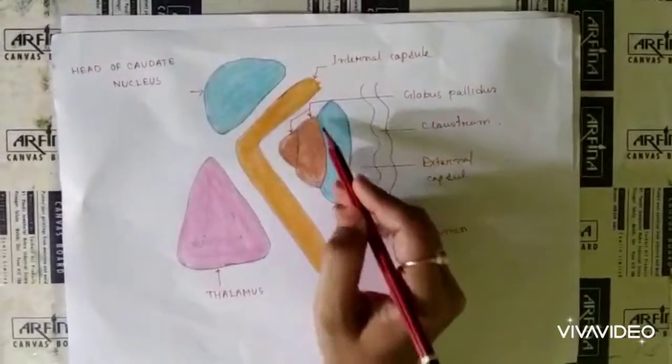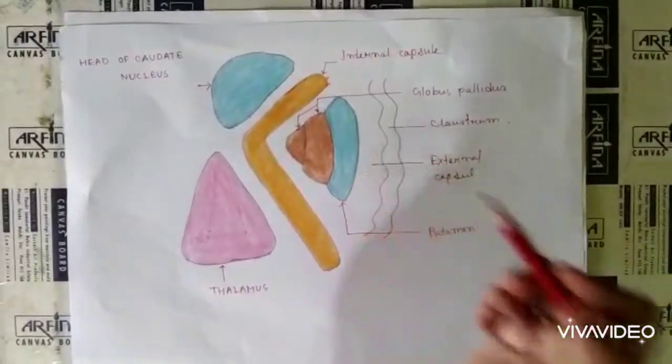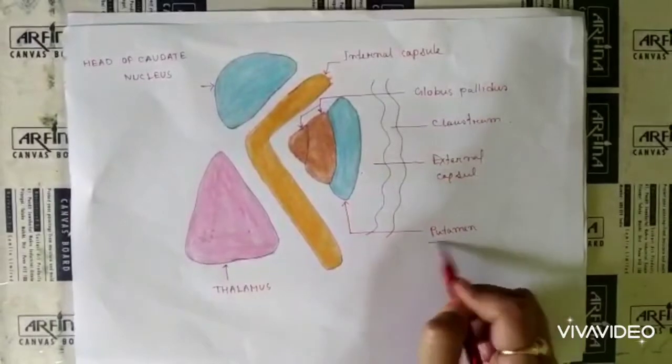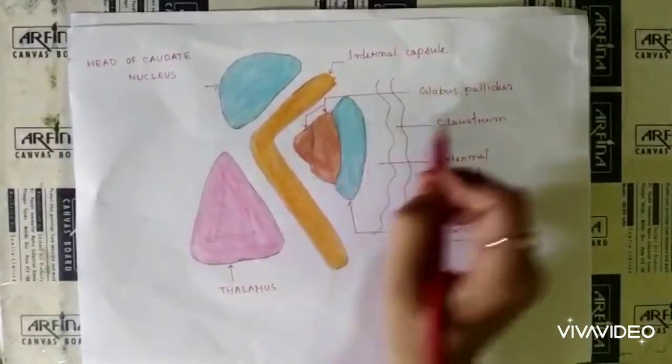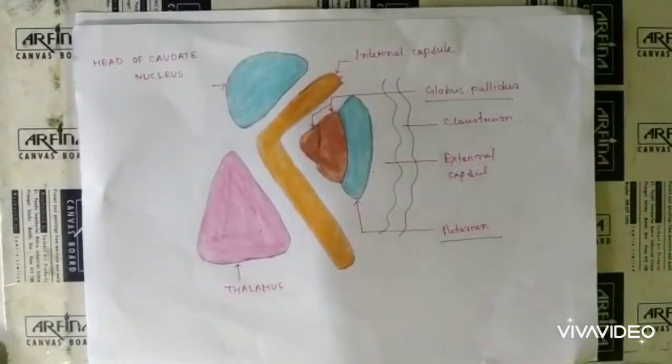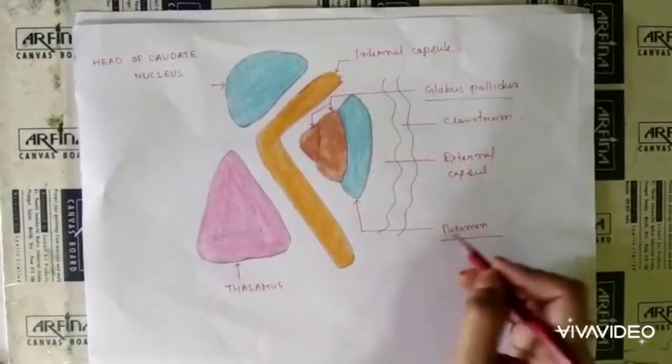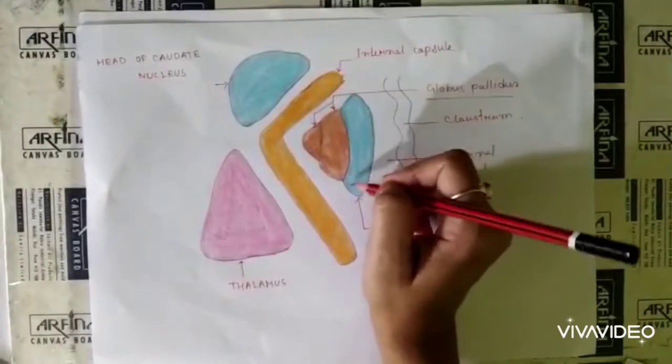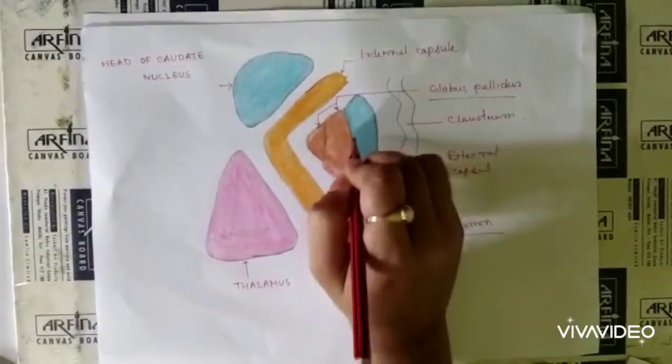The lateral portion is known as the putamen, and the medial portion is known as the globus pallidus. The lateral part is larger than the medial part.